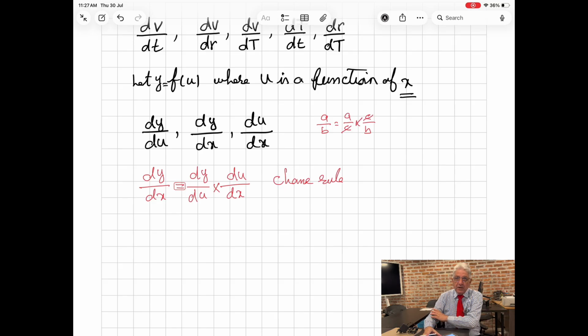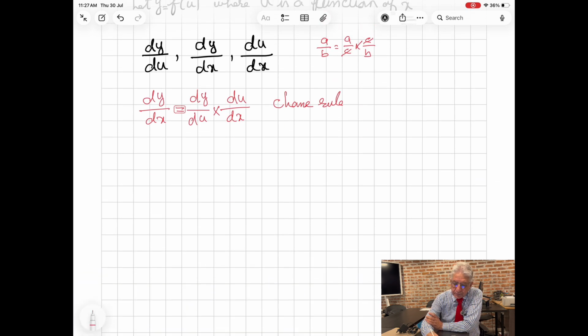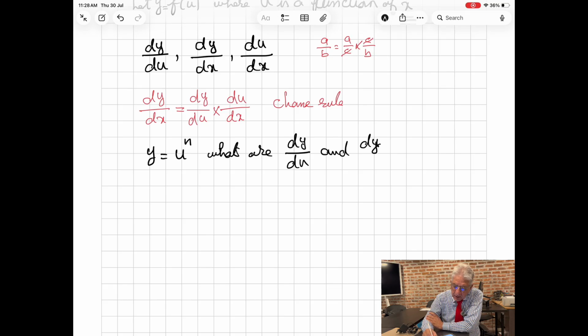Now let us give an example for this. If y is equal to u to power of n, what are dy by du and dy by dx? Dy by du is, as usual, n u to power of n minus 1.